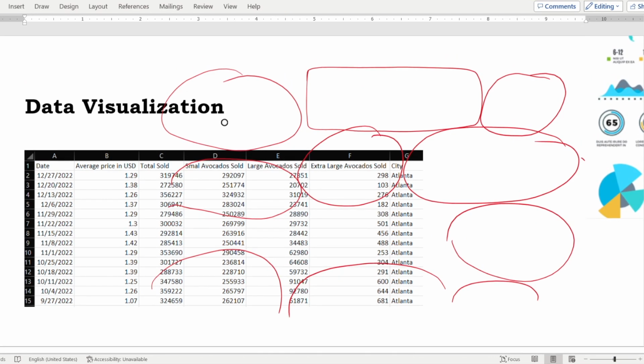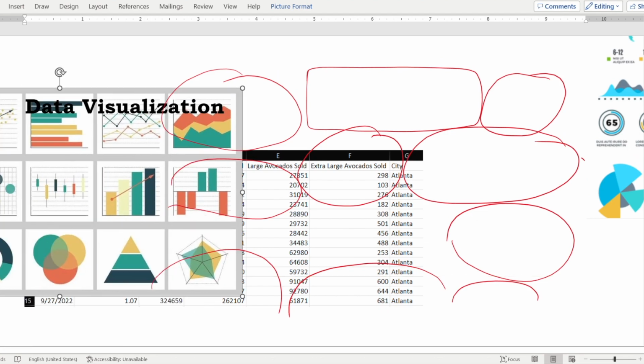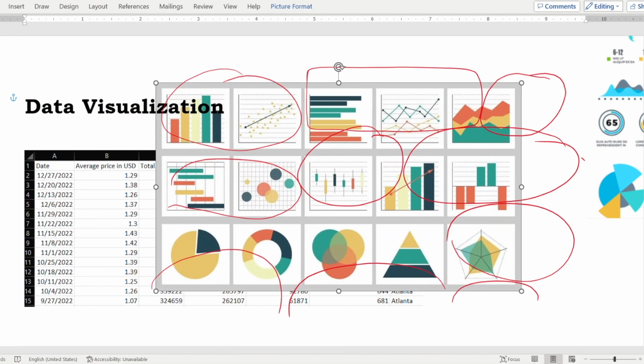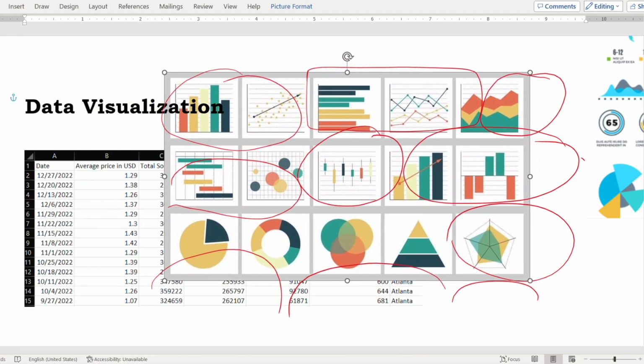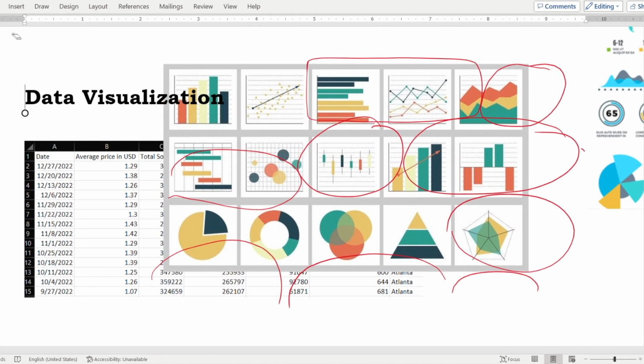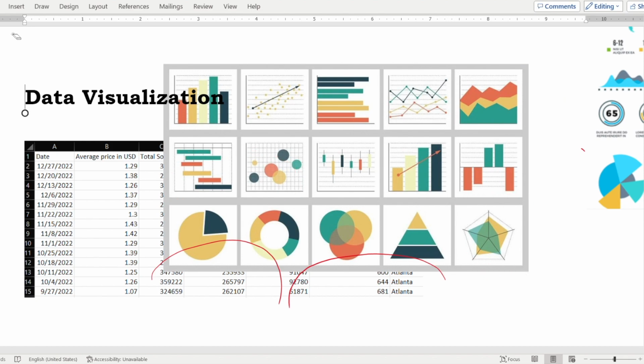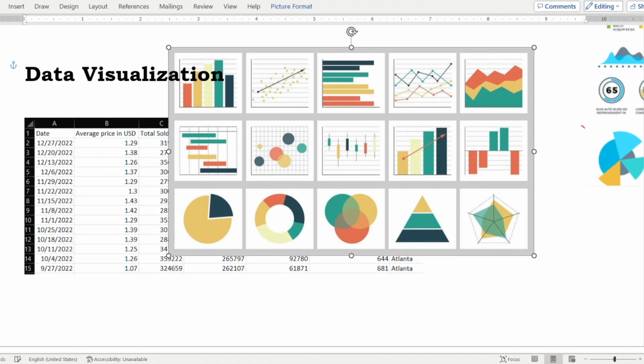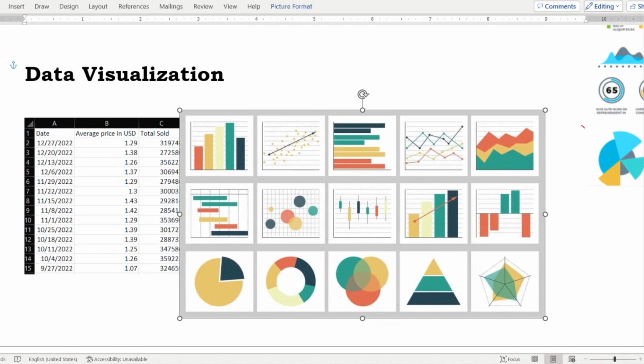This is one type, this is another type of visualization. This is like plotting graphs, bar graph, dotted or bubble graph, spider web graph. So there are many ways to represent the data.